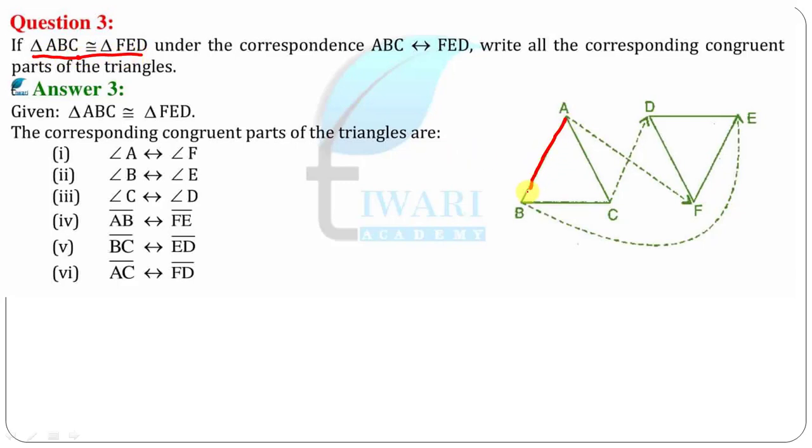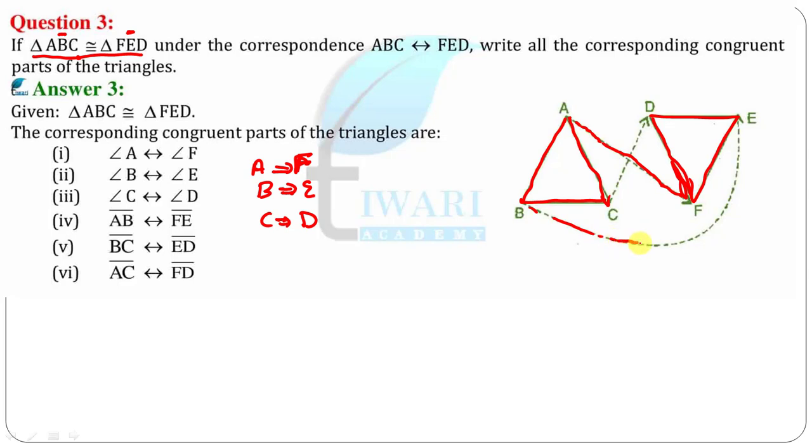So you will draw triangle ABC and then triangle DEF. The first term is A, so A is connected to F. The second term is B, which is connected to E, and the third term is C, which is connected to D. So A is connected to F, B is connected to E, and last, C is connected to D.